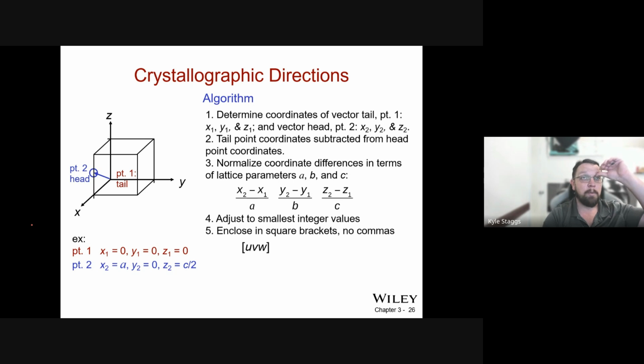So we want to normalize the coordinates. We're going to subtract x2 minus x1, y2 minus y1, z2 minus z1, and divide by the size of A, B, and C, whatever our distances are for that cell, then adjust to the smaller values of those.